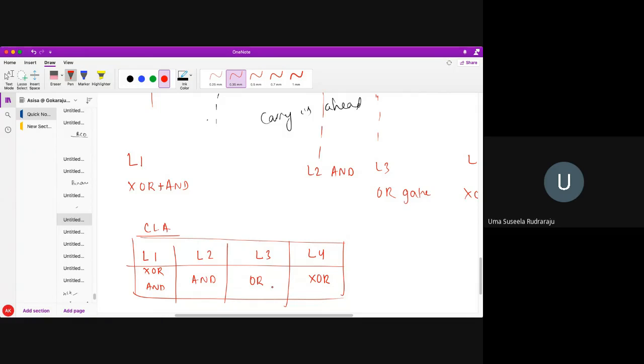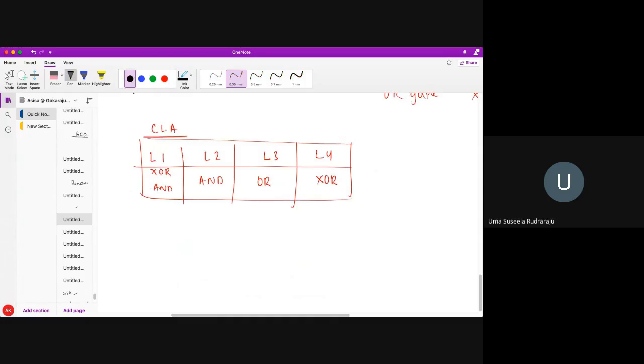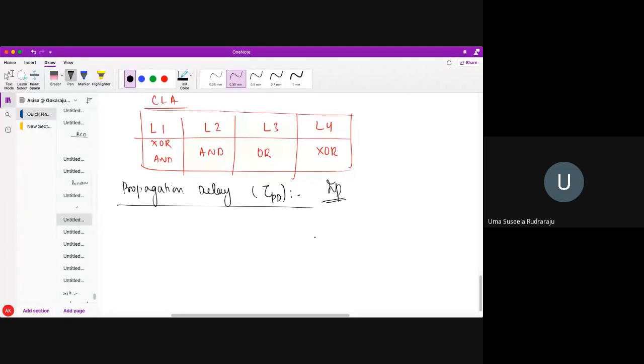Before going to tell that, one important concept I'm going to explain to you, that is called propagation delay, which is also called tau PD. Very important 2 mark question, students. What do you mean by propagation delay? I'm explaining it in a little bit easier way to you.